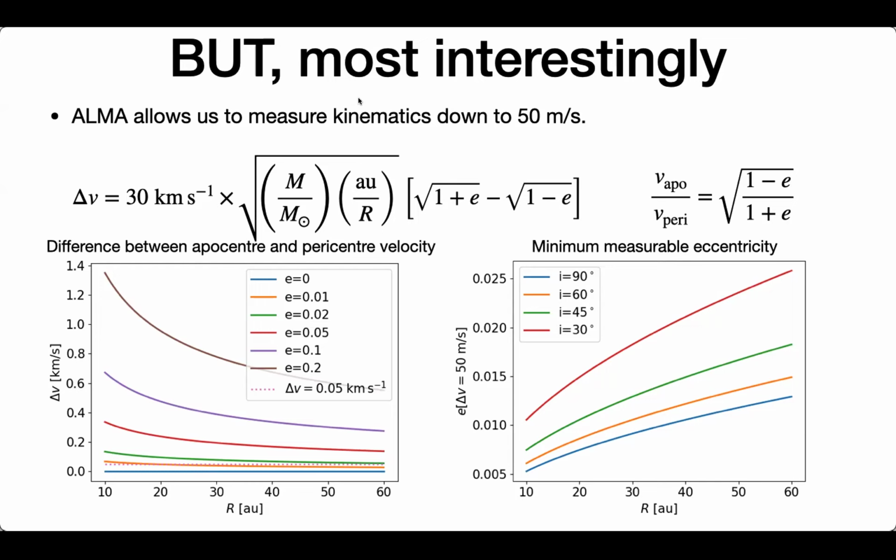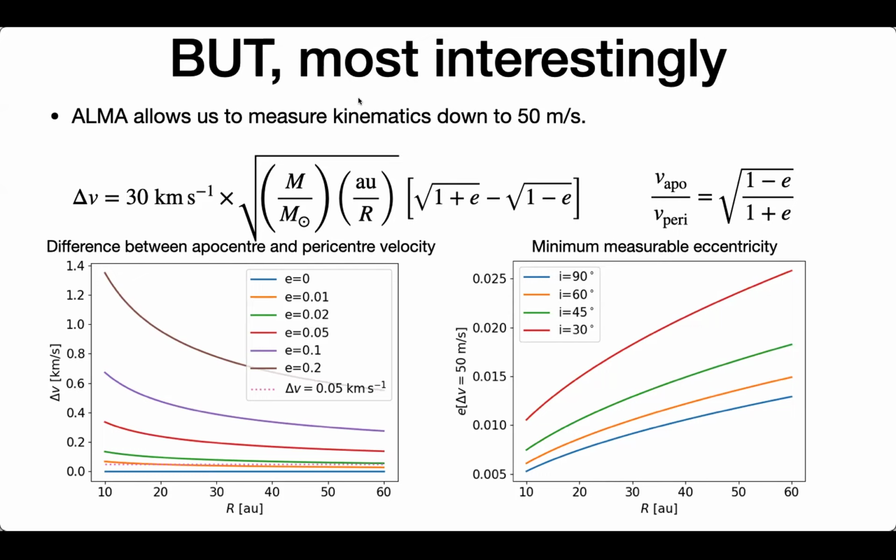And how this translates into the amount of eccentricity that we can actually measure is quite impressive, because if you do the numbers, basically at 50 AU, this plot is showing you, using these equations, the minimum eccentricity that you can measure at the distance from the central star, from the center of the system.